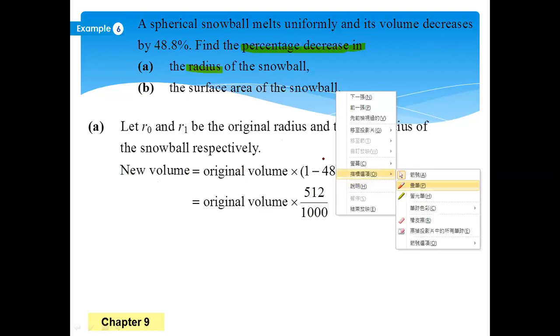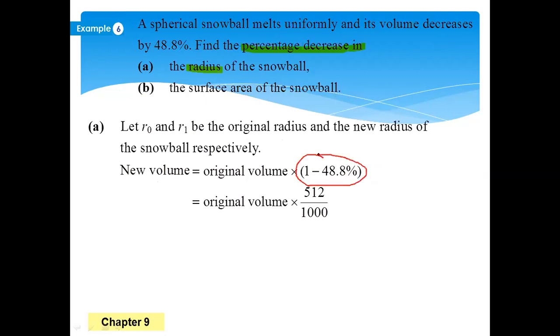Let me show you the calculation. This is equal to 51.2%. Percent means over 100. So it's 51.2 over 100.